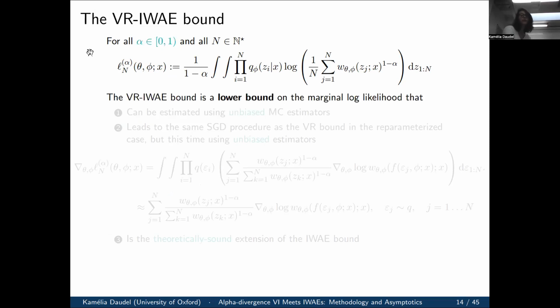The first property is that the VR-IWAE bound is indeed a lower bound on the marginal log likelihood. So when I was asking whether I should look at this as a variational bound, well, yes, it's a good idea because in that range of values of alpha, it is a lower bound on the marginal log likelihood. And even better, it can be estimated using Monte Carlo approximations. And this time, this is going to be unbiased.